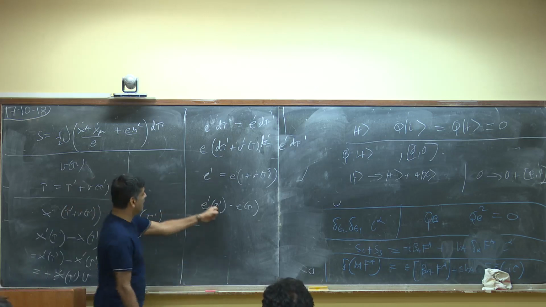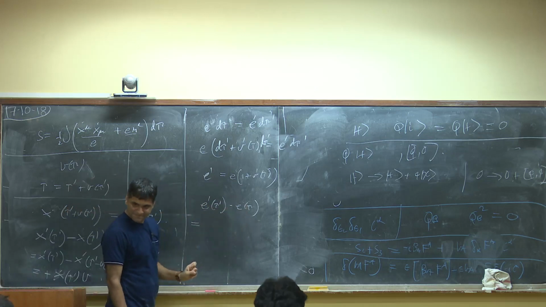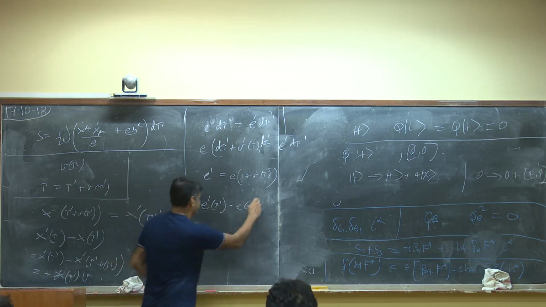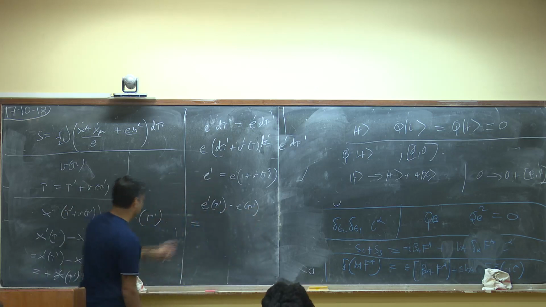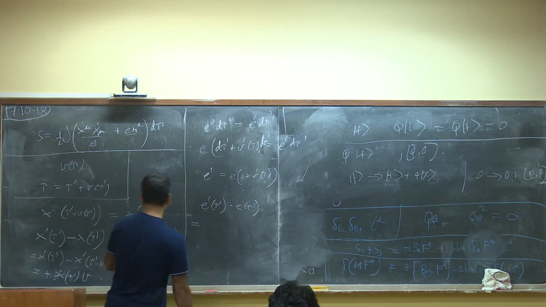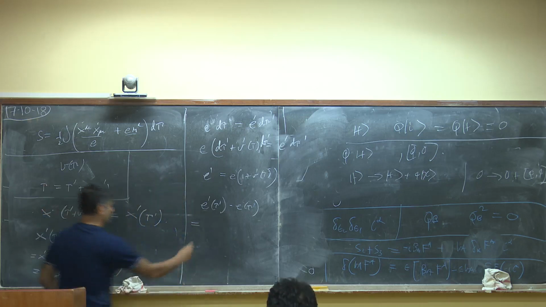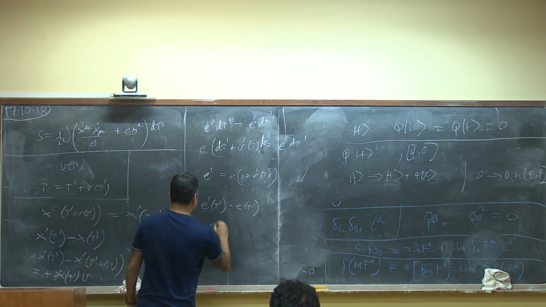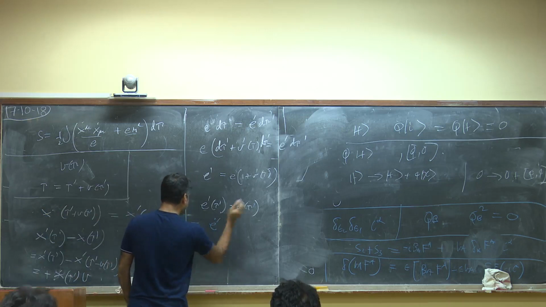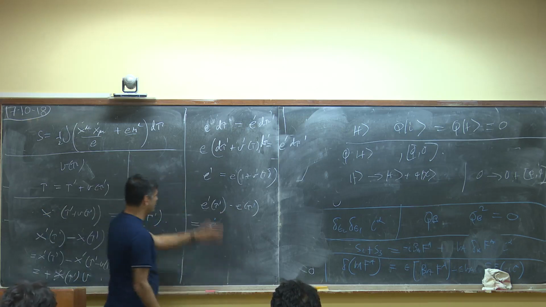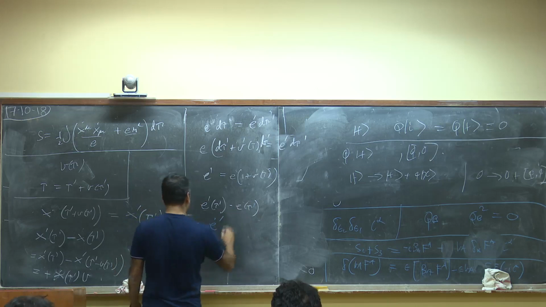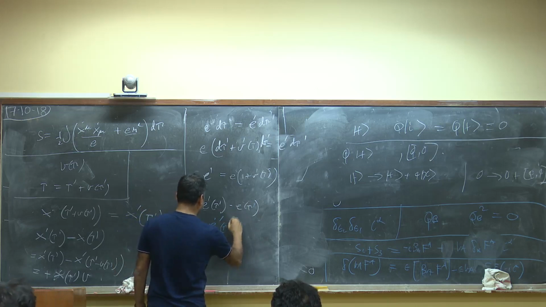Now I want to compute E prime at tau prime minus E at tau prime. Now this has two terms. One term is just this. So it's equal to E prime dot at tau prime times v.